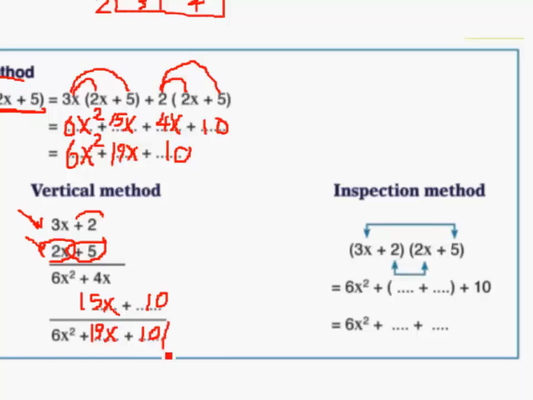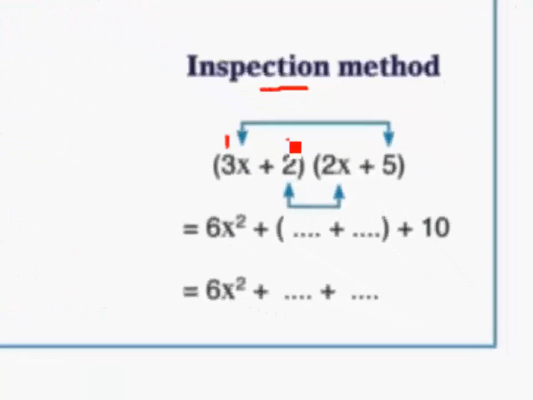Of course, you will get the same result. So this is the horizontal method and this is the vertical method. We have a third method which is called the inspection method. What is the inspection method? The inspection method is this 1, 2, 3, 4. 4 elements. Please multiply element 1 times element 1 here. 3x times 2x is 6x squared.